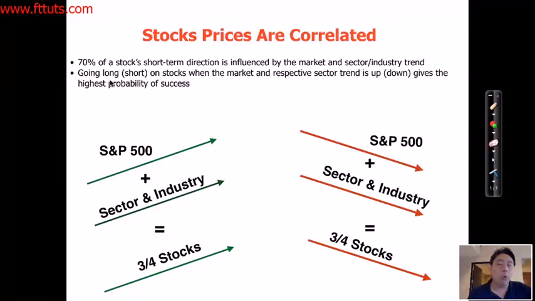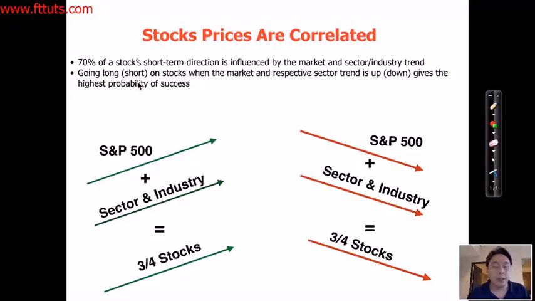So when we go long on stocks at a time when the market and the respective sector trend is up, it gives us the highest probability of success. Conversely, if we go short on stocks when the market is bearish and the respective sector which the stock is in is bearish, that's the highest probability that we're going to have a winning trade.